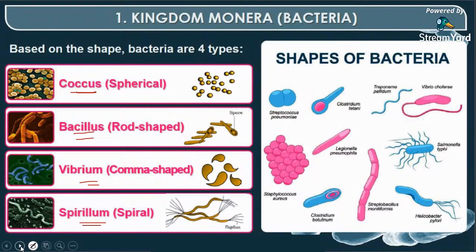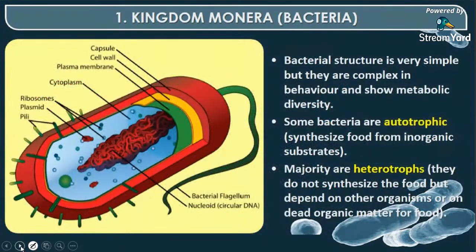Okay, fine. So now we are going to move in detail, analyzing different structures, their body organization, their mode of nutrition, mode of reproduction, all these things that we are going to learn in the upcoming slides. So bacterial structure is very simple, but they are very complex in behavior and show metabolic diversity.